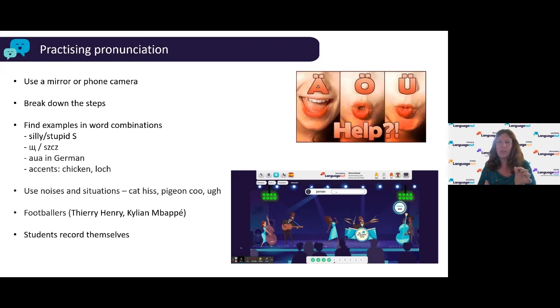The S is slightly thicker. This is because of the assimilation we have to the next vowel or consonant. So think about silly S, stupid S, and I believe that in Spanish the S is a bit closer to the stupid S, so get them to think about that.